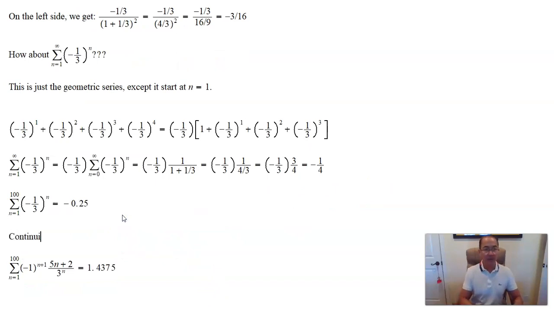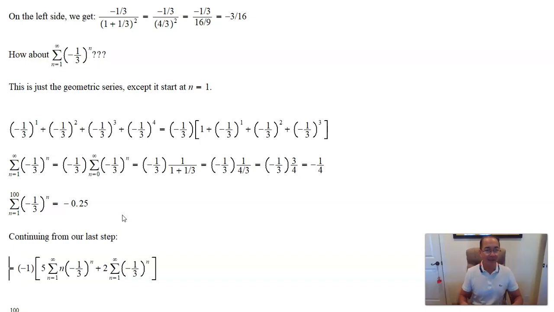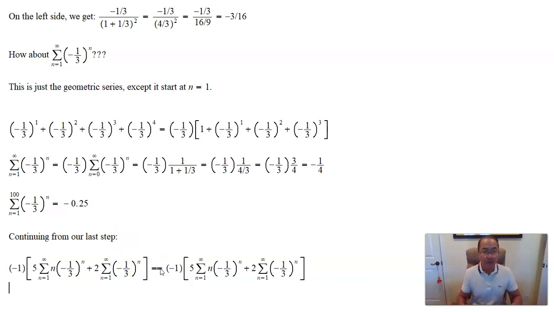Continuing from our last step, we have this, and this is equal to, we have minus 1 still there, and this portion we said is minus 3 over 16.